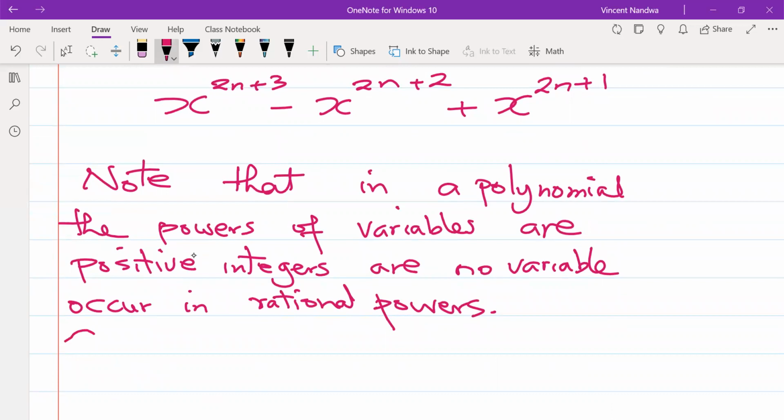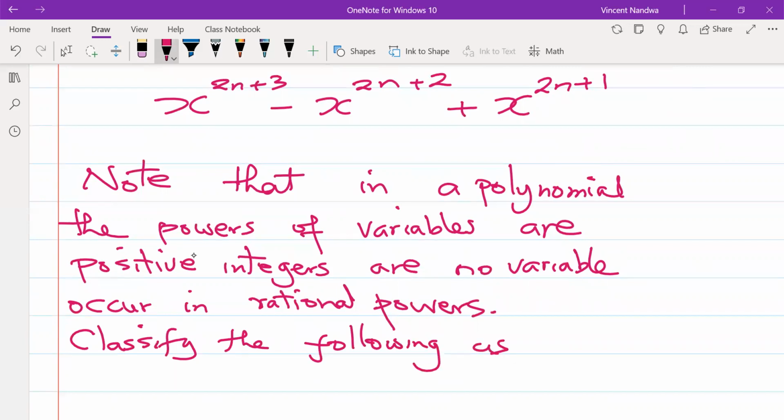So classify the following as polynomials or non-polynomials.